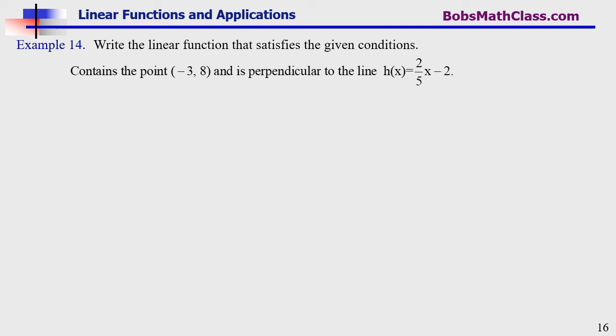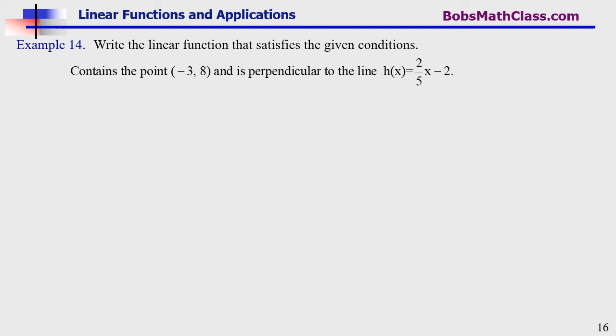All right, example 14. Very similar to the last problem, only this one says perpendicular. What does perpendicular mean? It means opposite reciprocal. The slopes are opposite reciprocal because they intersect at a 90-degree angle.